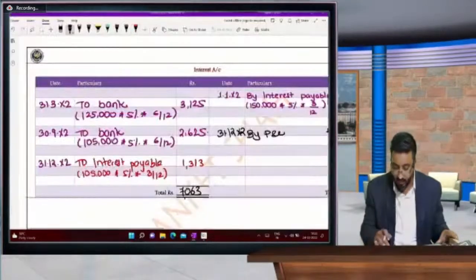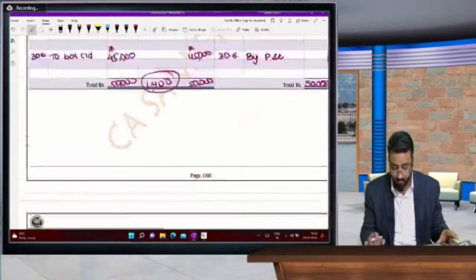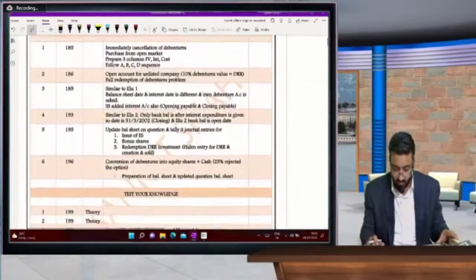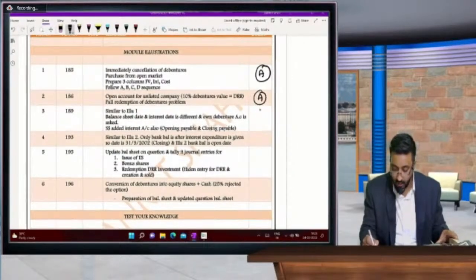What is the category of this illustration? Illustration 4. Let's check it. Beta, A category. B is also A. C, A category.